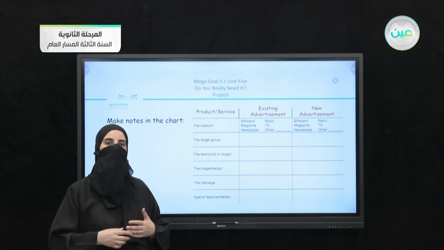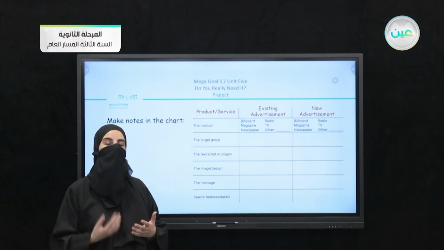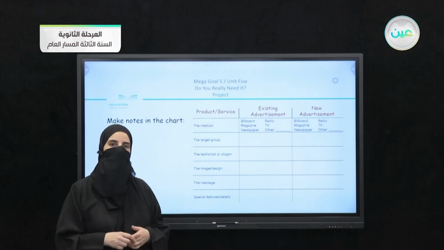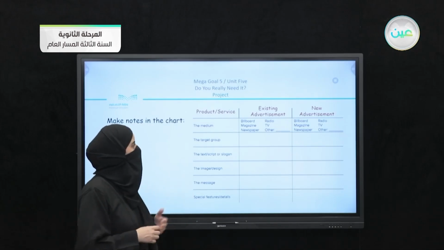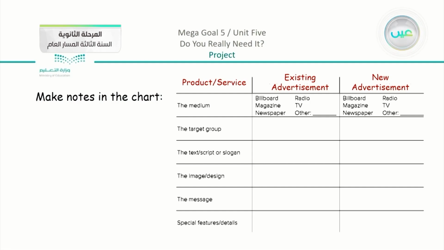It depends on your innovation and the creativity that you work on together as a team. For example, if we have something that was seen in a magazine, you can turn it into a radio advertisement or a TV one. You can turn it into a billboard. You can have the same type of advertisement, but change the complete design and the message that is used.